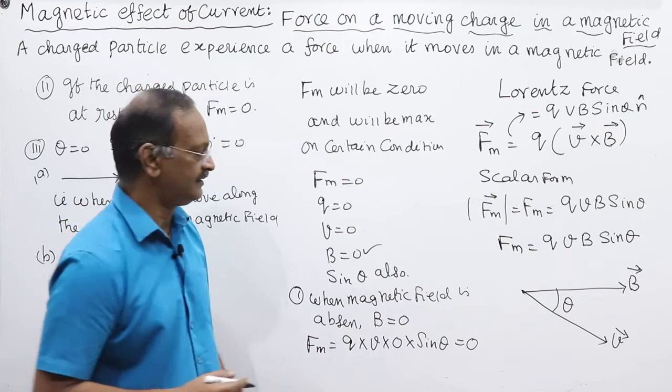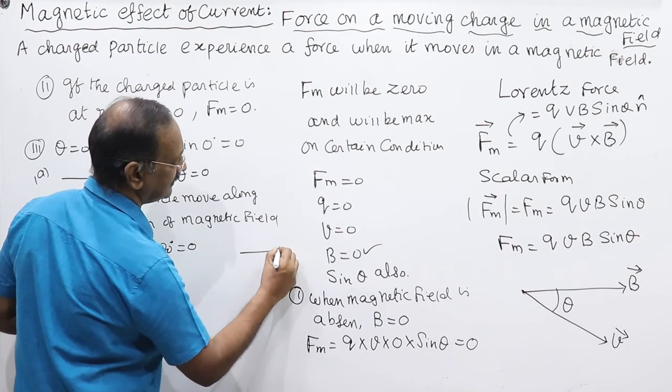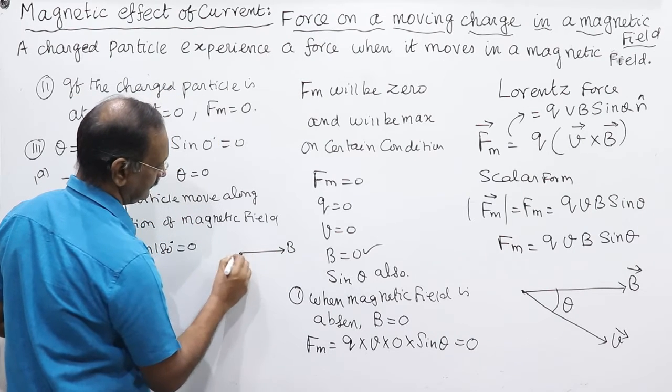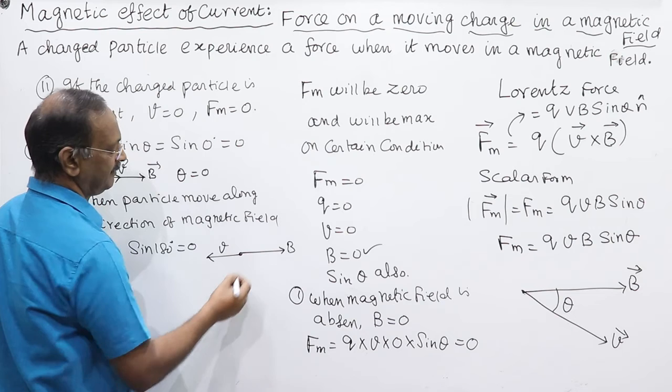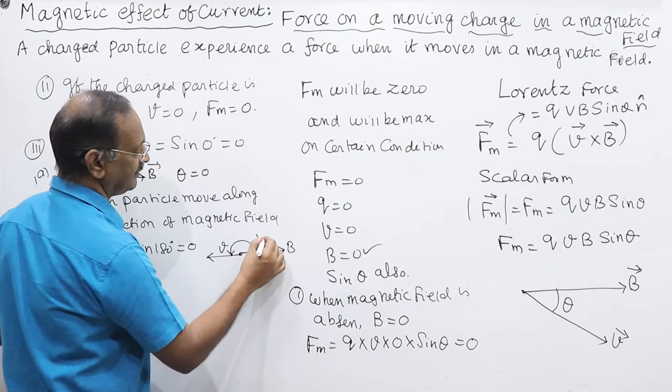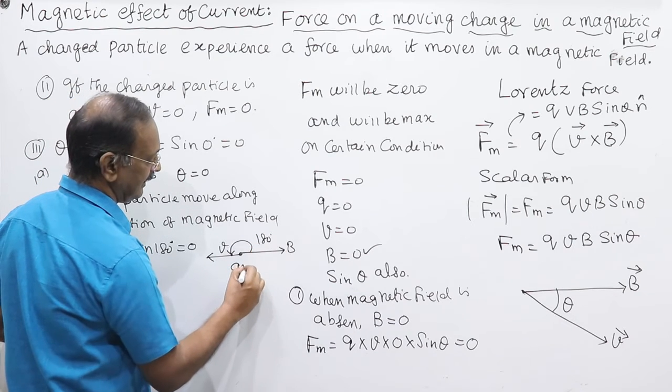Suppose this is the direction of B and this is the direction of motion of the particle, the angle between them is 180 degree, that is anti-parallel.